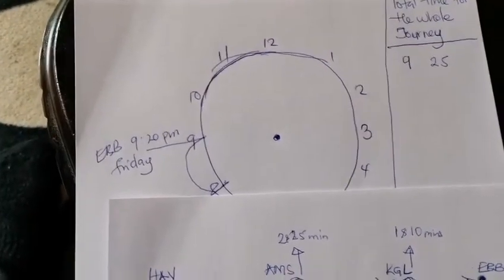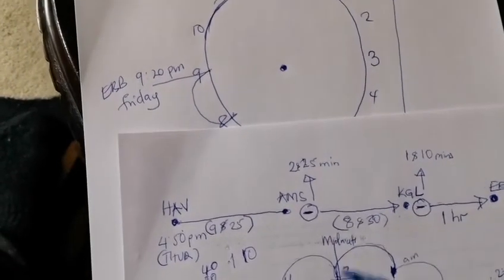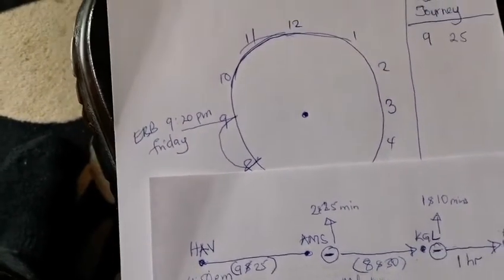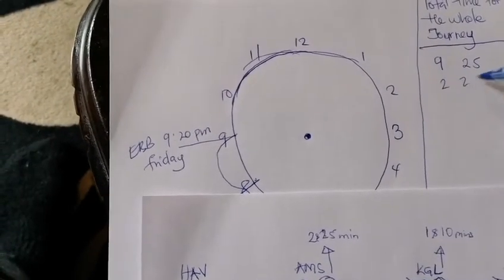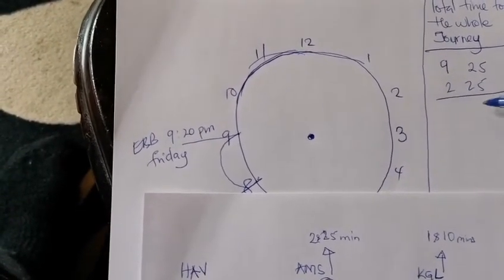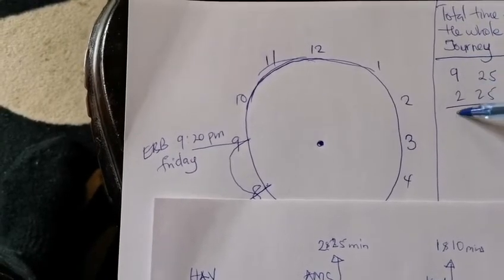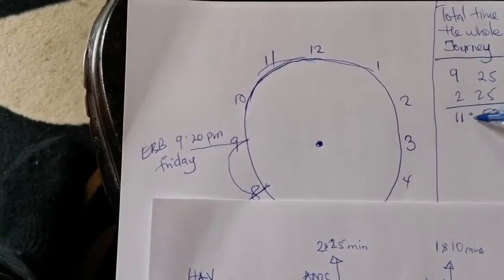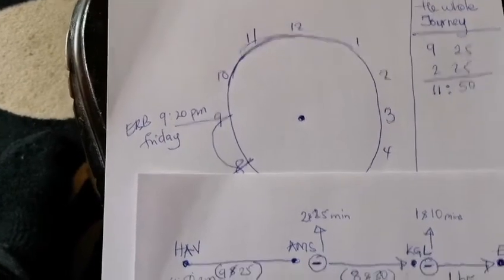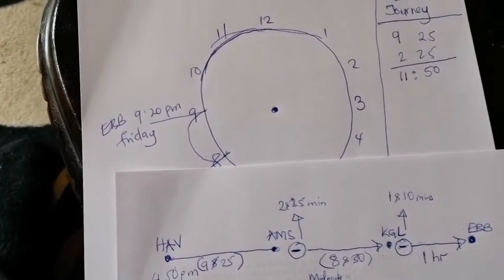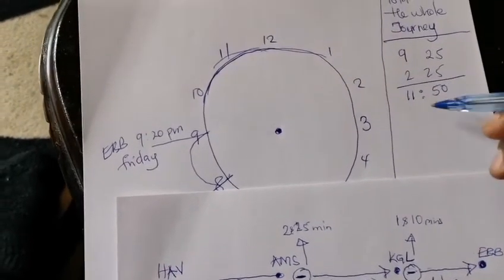Okay, then when we reach Amsterdam, we add 2 hours and 25 minutes. So we get 50 minutes, then hours, 11 hours. Then the next one is going to be moving for 8 hours and 30 minutes.